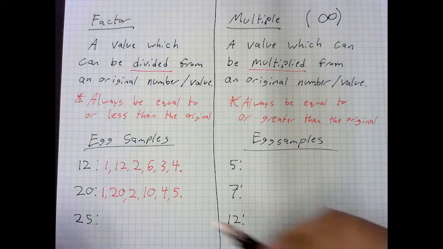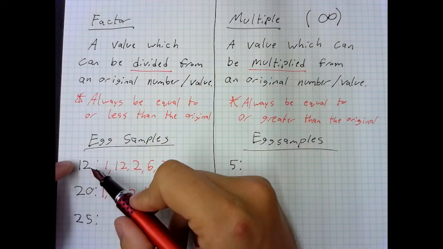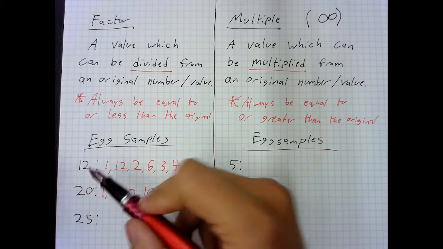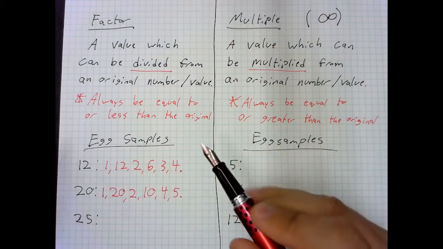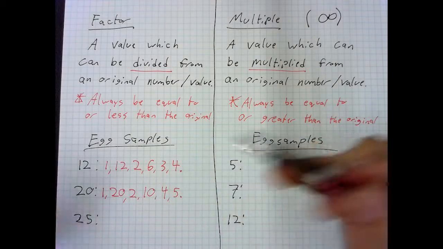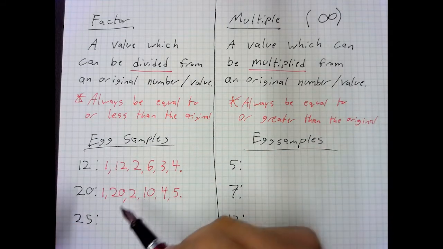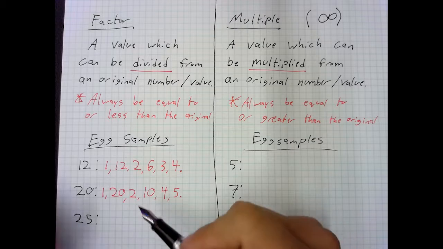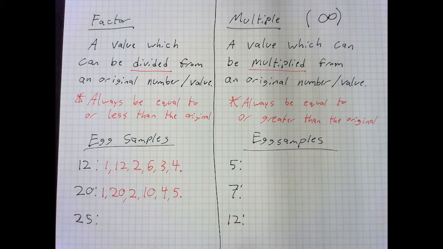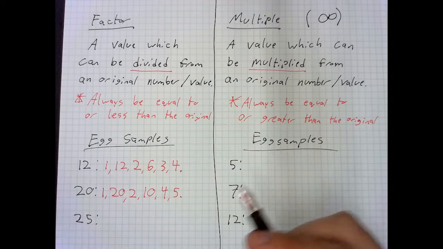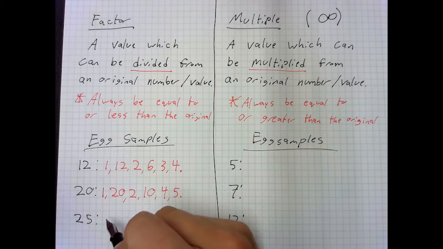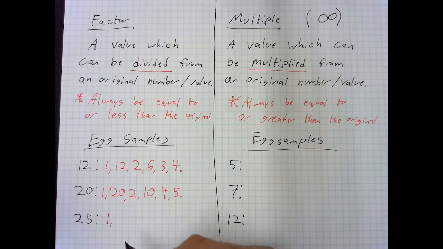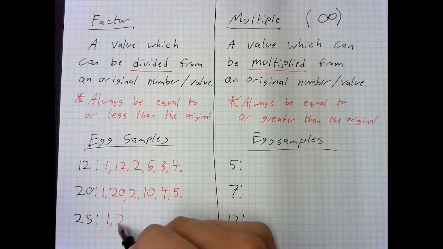And you notice, even though we went from a number like 12 to 20, we almost doubled our value, we didn't double the number of factors. You're not always going to have more factors with a larger number. Case in point, for 25, we run into a special kind of problem. 25 is an odd number. That doesn't mean that it doesn't have factors, it just means you're going to have to approach it a little differently. You're still going to have to do divided by 1, and 25 divided by 1, we get 25.